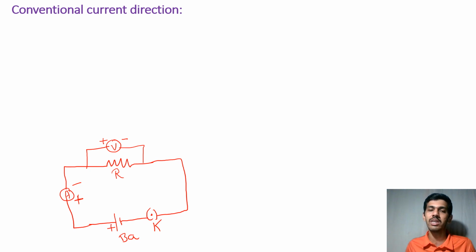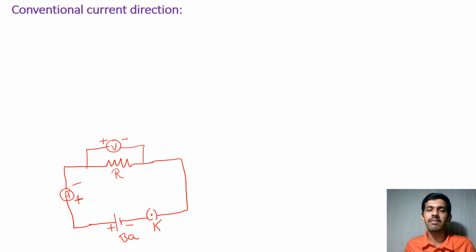Actually it is not a battery, it is a single cell. Towards the positive side of the cell you connect the positive of the ammeter as well as the positive of the voltmeter. Similarly, towards the negative of the cell you connect the negative of the voltmeter as well as the negative of the ammeter.